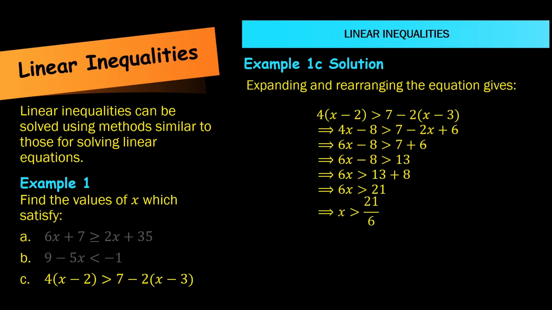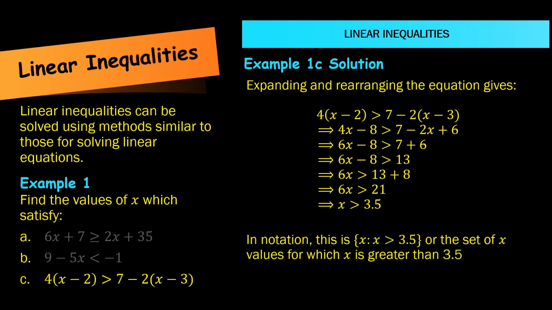And then dividing through by 6 gives us that x is greater than 21 over 6. And 21 over 6 is equal to 3.5. So in notation, we have the set x such that x is greater than 3.5.